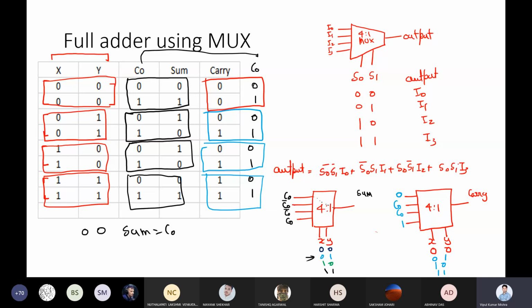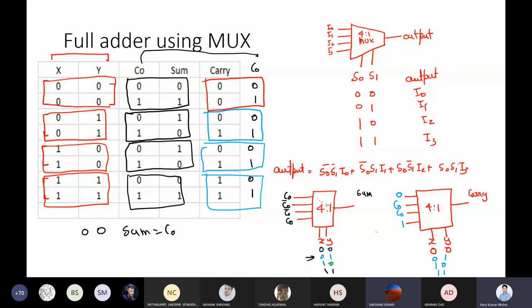It always comes from how many inputs there are. If you have 3 inputs, you will require a 4 to 1 multiplexer because 2 inputs will go to the selection lines and 1 input will map the output. Suppose you have 4 inputs, A, B, C, D. Then what kind of mux will be needed?